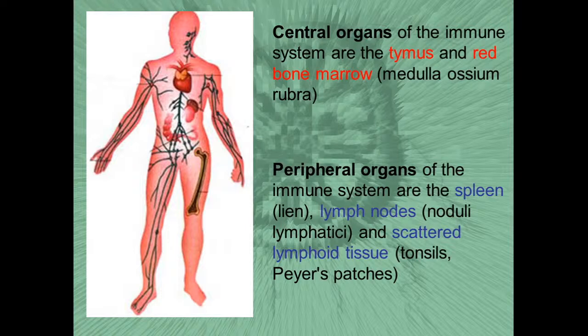You have to understand the difference in between the immunity and non-specific resistance. What does it mean? Non-specific resistance also protects our body, but it protects our body against absolutely everything which will enter to our body.